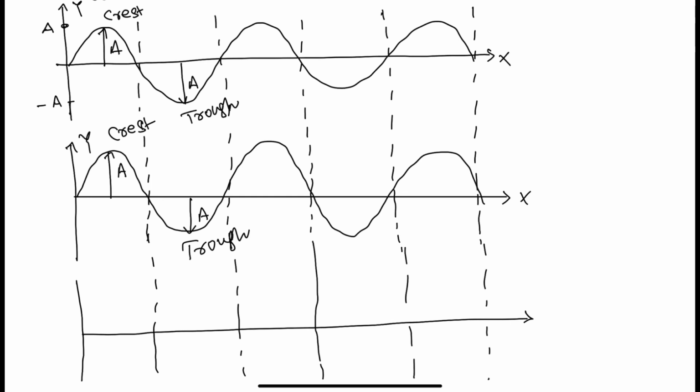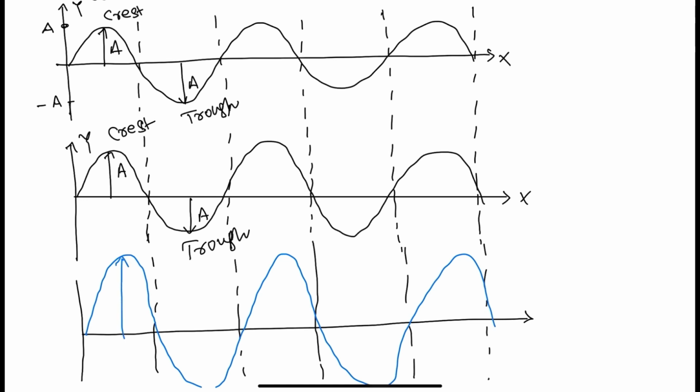The resultant amplitude is bigger, you can observe this. It is A1 plus A2, that is 2A, and in the opposite direction also 2A.